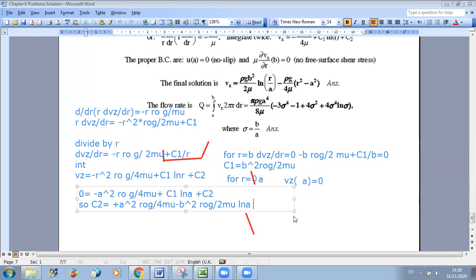That's it, so we got the expression of c2, function of our variables.